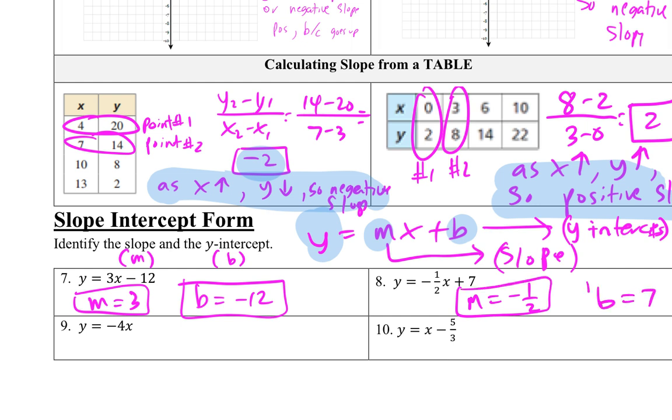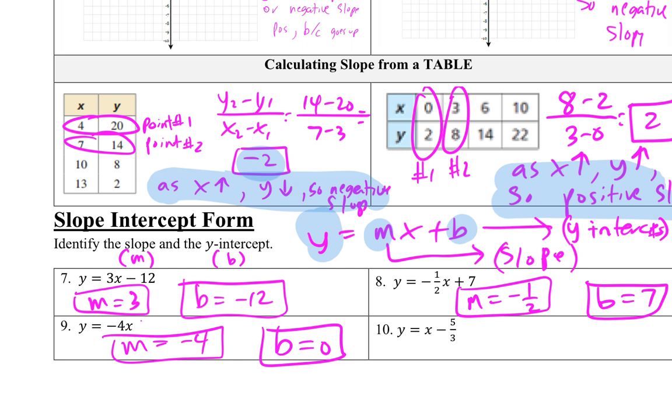B equals 7. This one, m equals negative 4. B equals 0, right? Because that would be plus 0, basically, right? So on this one, the slope is 1, because there's a ghost 1, right? And the b value is negative 5 over 3.